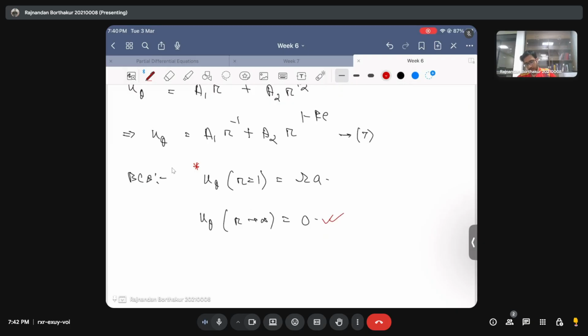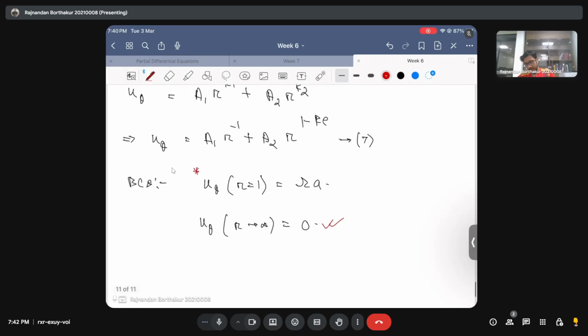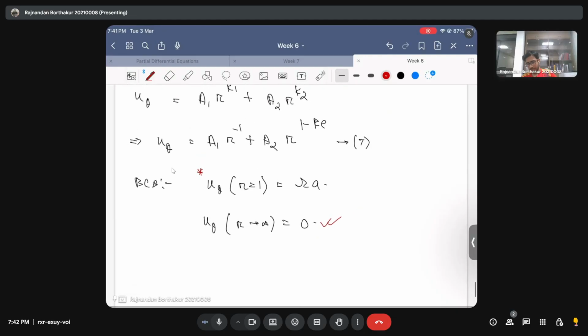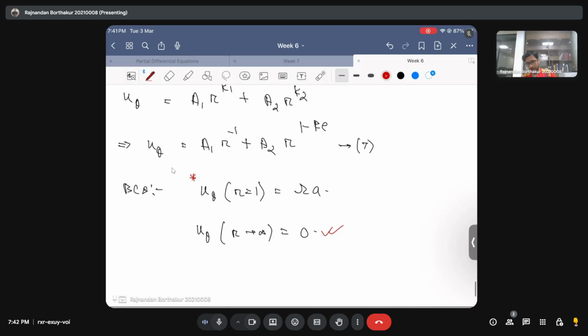But if we use this second condition, let's have a look at this quantity, r to the power of 1 minus Re, because this is a little bit of a critical number. Why? Because the behavior of r to the power 1 minus Re depends on the value of Re.